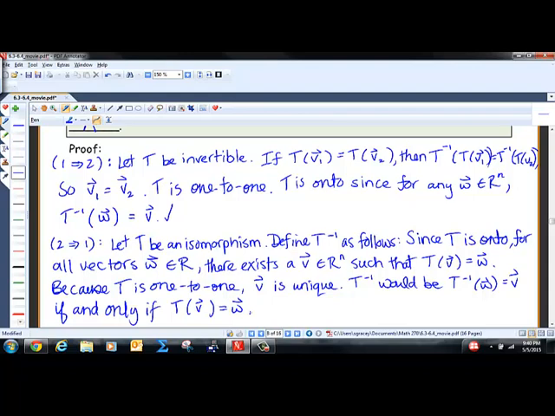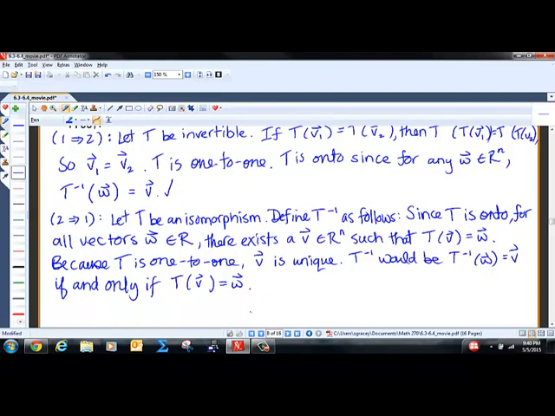So, lastly, let's consider the last little piece of that puzzle, which is the corollaries.